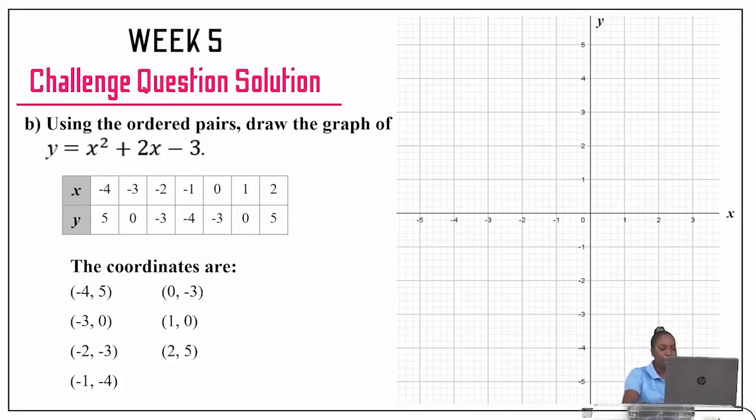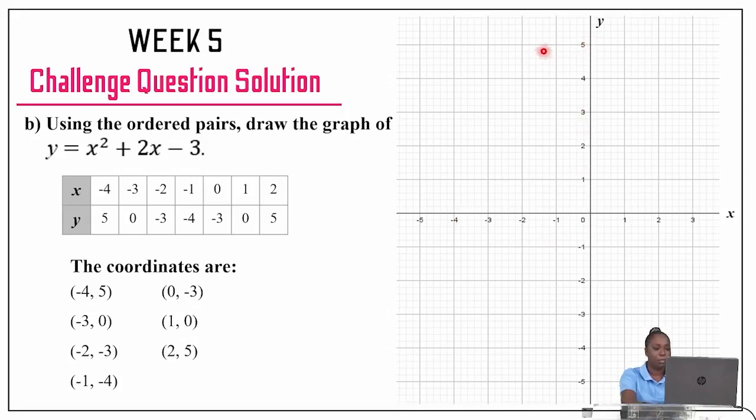But how do we do that? Well, negative 4, 5, keeping in mind that the first value represents the x and the second one represents the y. And so we need to go onto our graph and find negative 4 on our x-axis. And negative 4 is here. And then it tells us we need to find 5 on the y, which is here.